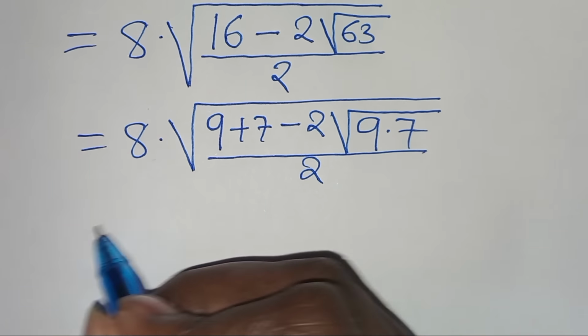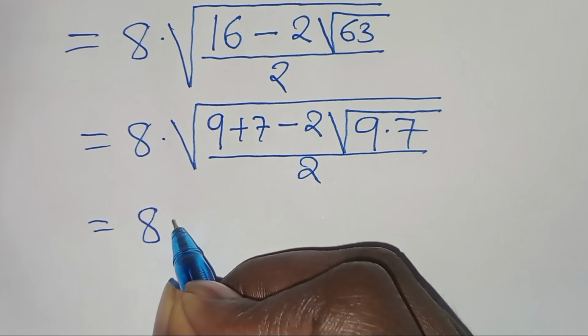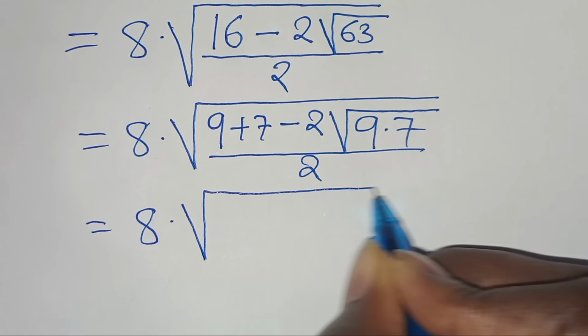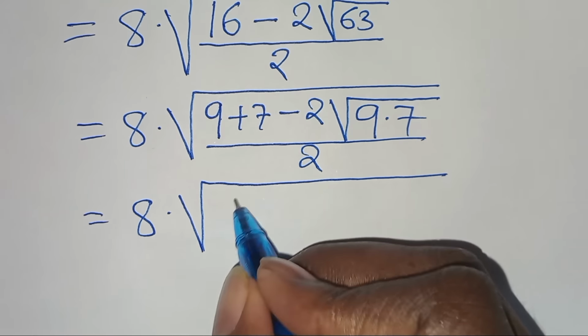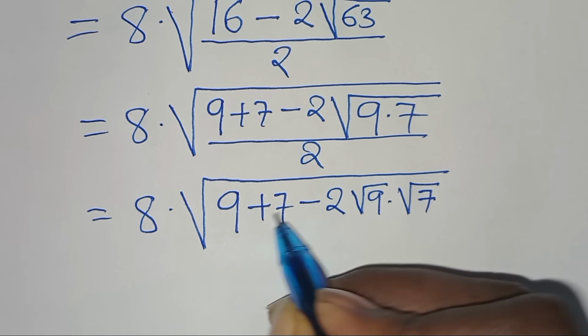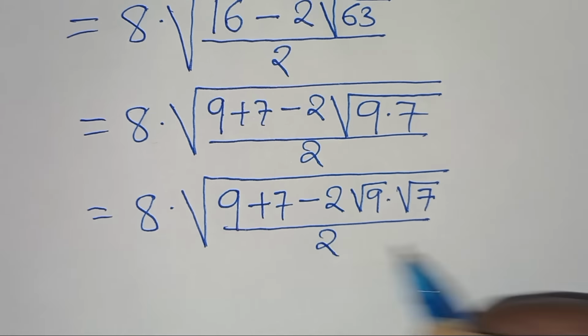So the next step is that we have 8 multiplied by square root of 9 plus 7 subtract 2 times the square root of 9 multiplied by square root of 7, everything divided by 2.